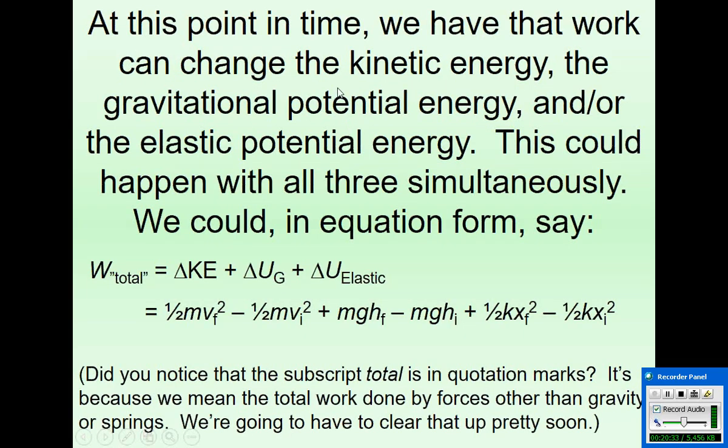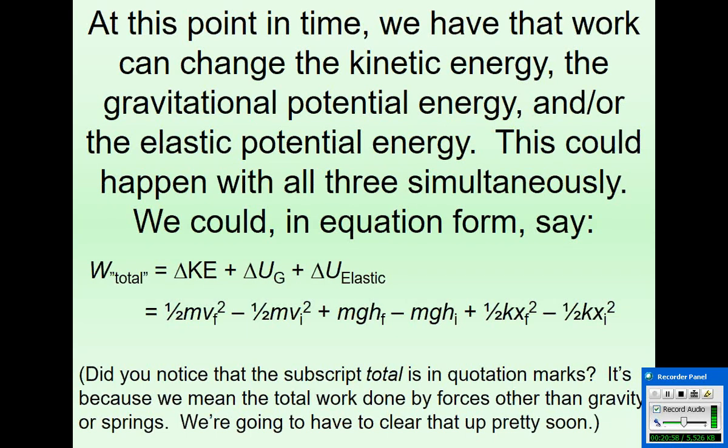If we take into account these expressions for gravitational potential energy and elastic potential energy, what we're effectively doing is removing them from the determination of total work, and sending them over to the side of change in energy.